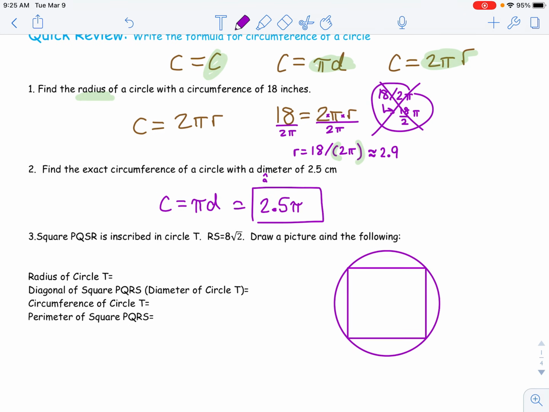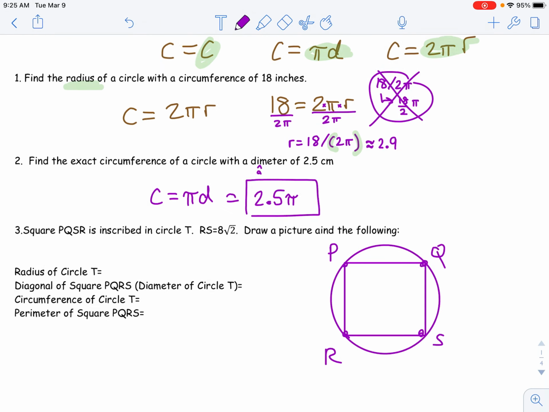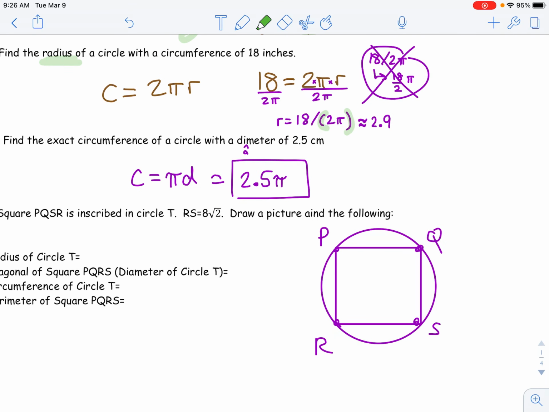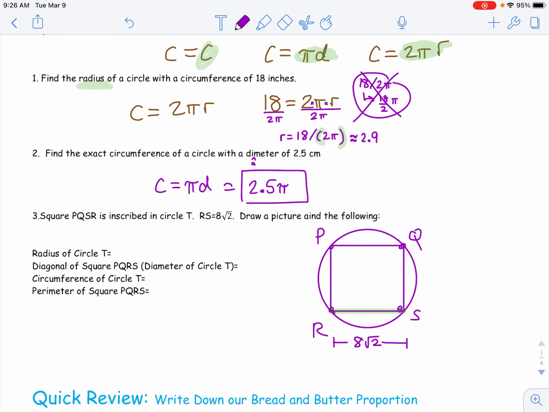So P, Q, S, R. Now, it's telling me that RS is 8 radical 2. So let's find the radius of circle T.